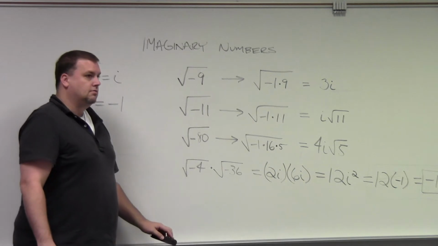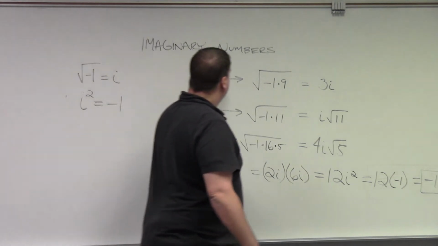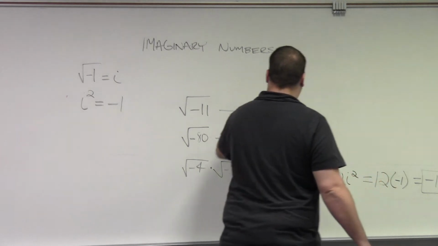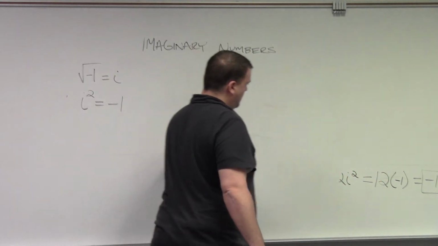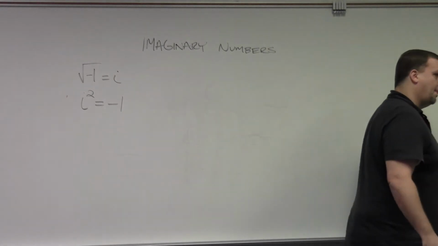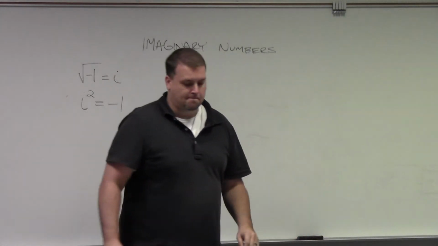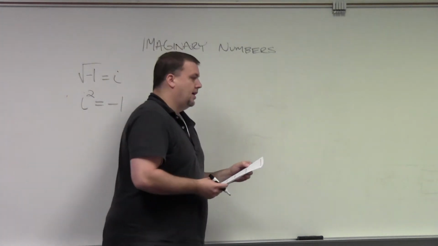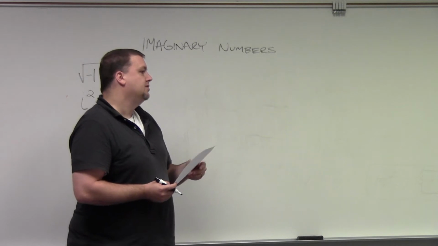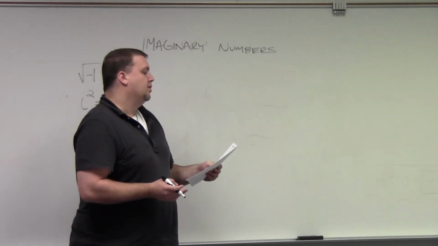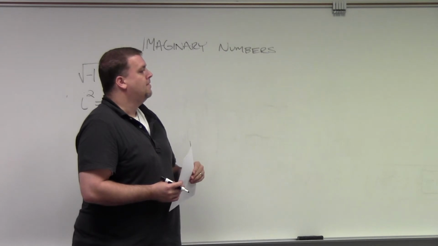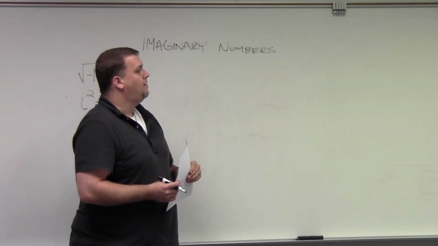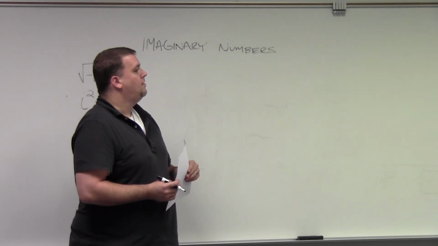Are we good on these? Leave those definitions up there. So 4 times 6 is 144. 12 times 12 is 144. But then signs don't match that. Well, you have to simplify square root of negative 4. You have to make that into an imaginary number first. You can't do negative 4 times negative 36.